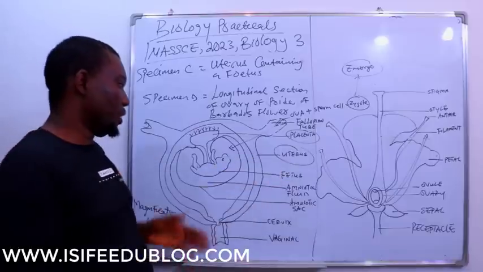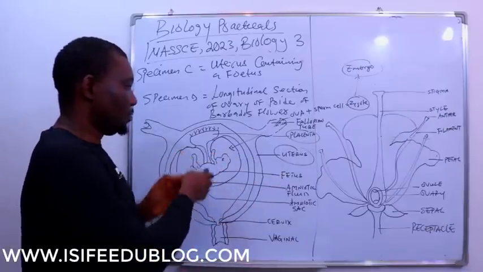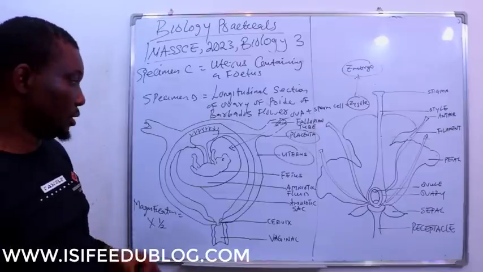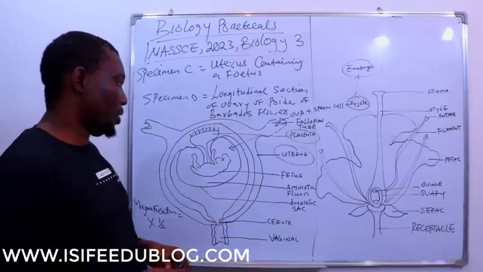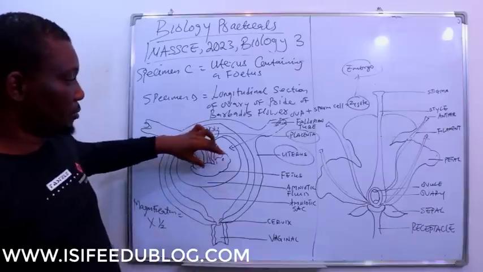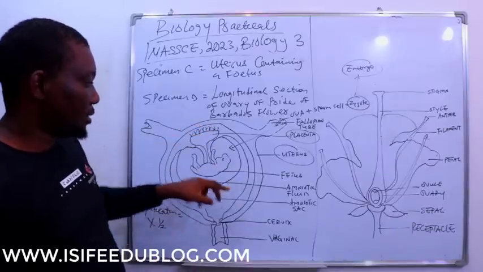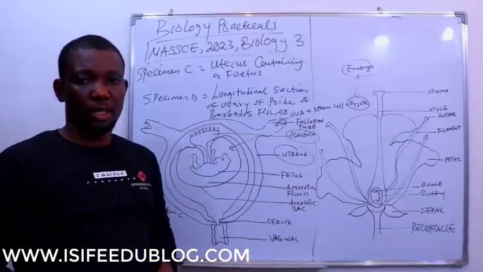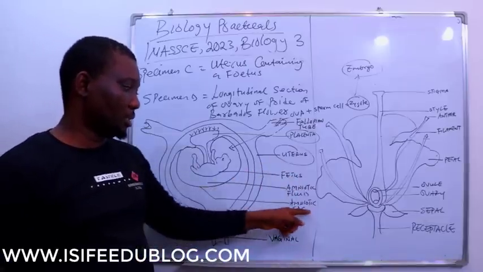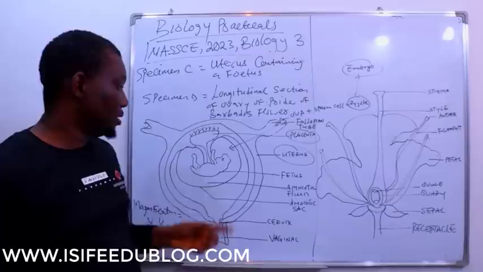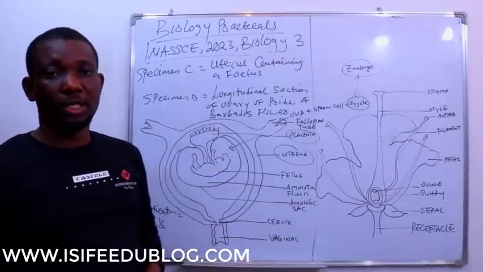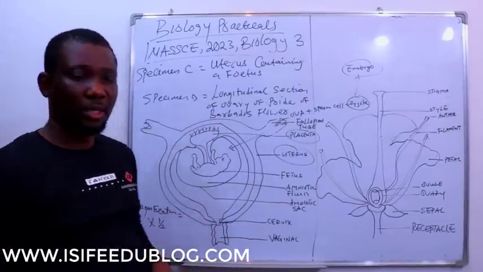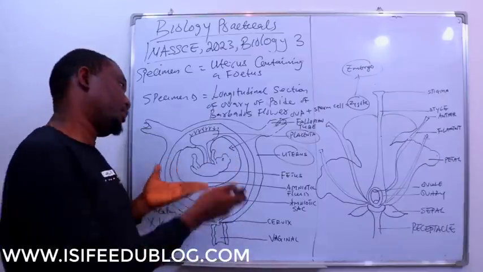The uterus is where this fetus resides until the end of the gestation period. But there are other factors that encourage the fetus to stay here, such as the amniotic sac, which secretes amniotic fluid. The function of the amniotic fluid is to act as an aquatic environment for the fetus.